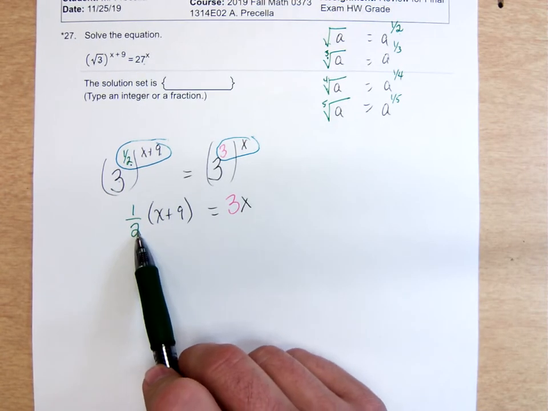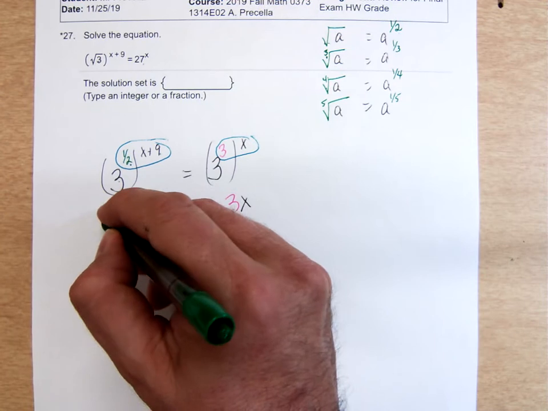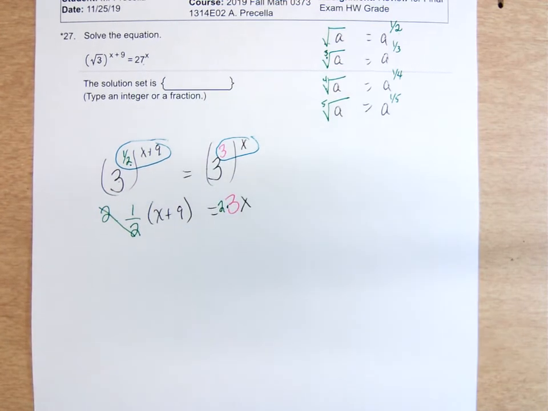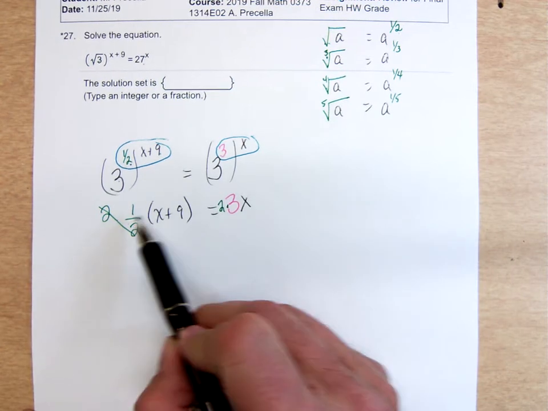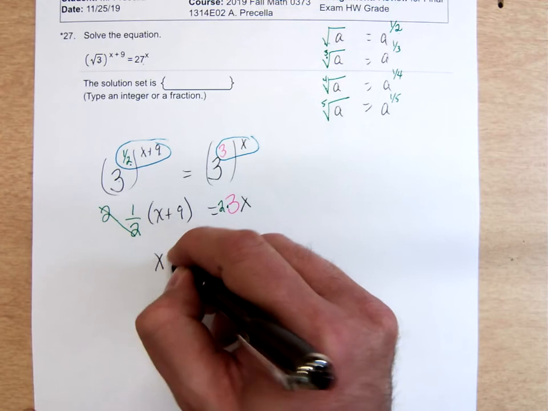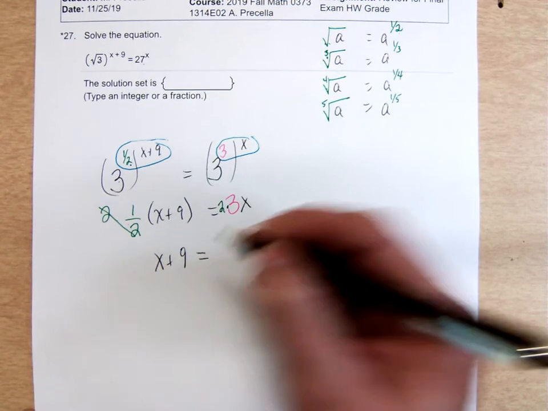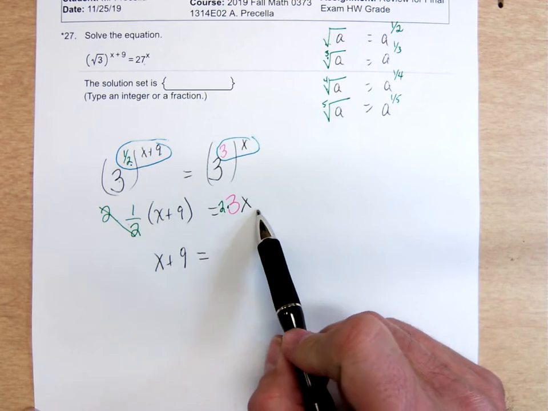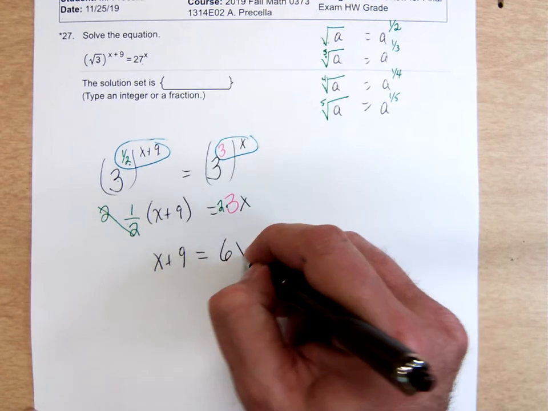Yeah, okay, so I'm multiplying both sides by that 2. And all of a sudden, it simplifies really nicely. The 1 times x plus 9 is just x plus 9. On the right, we have 2 times 3x. That's just 6x.